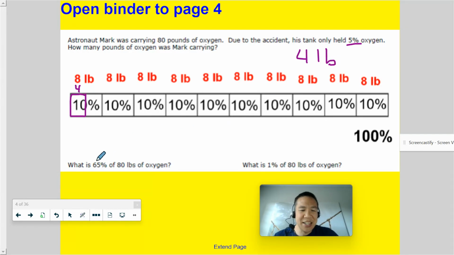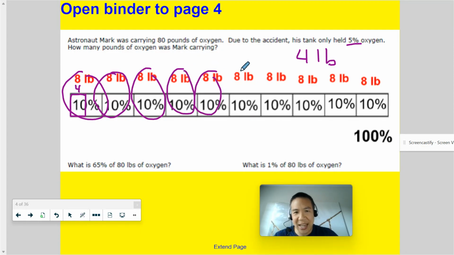What is 65% of 80 pounds? So 10% is 8 pounds, 10% is 8 pounds, 10% is 8 pounds, 10% is 8 pounds, 10, 10, 10, 10. That's 60%. And then 5% would be what? 4 pounds.